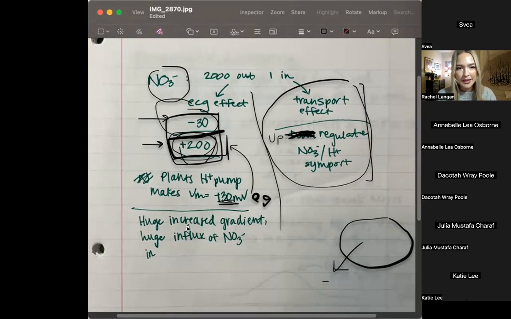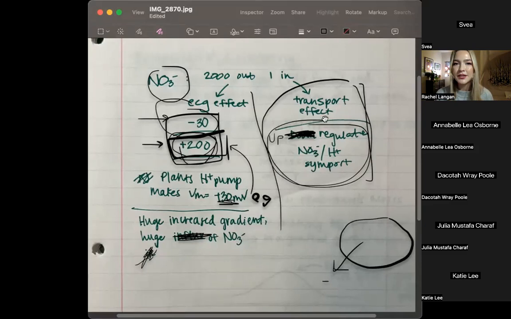So the opposite of what I said, because when I was doing this, I got it wrong. Here there is a huge increased gradient, but it's an efflux. And because there's a gradient of nitrate to move out, it's going to upregulate that. Hopefully that makes sense. I'm sorry, this is wrong.